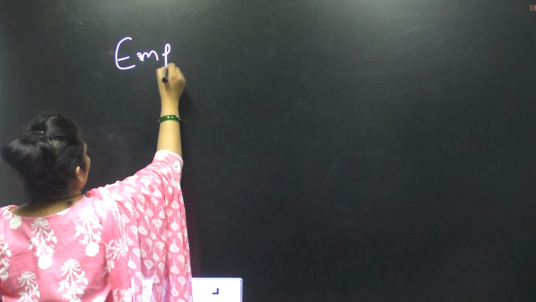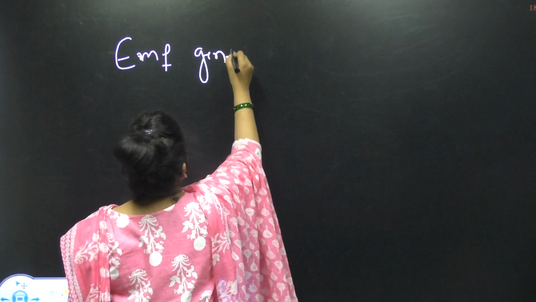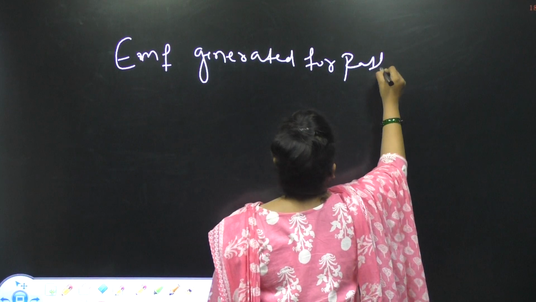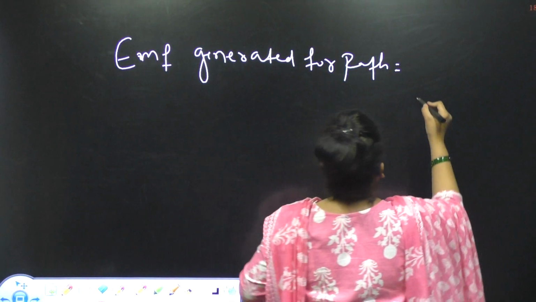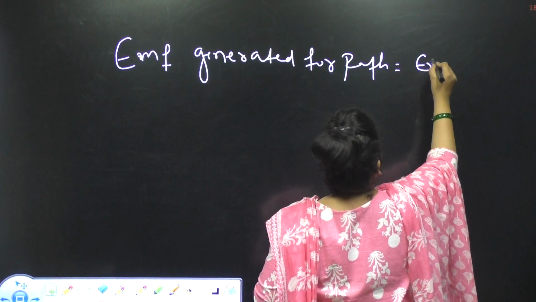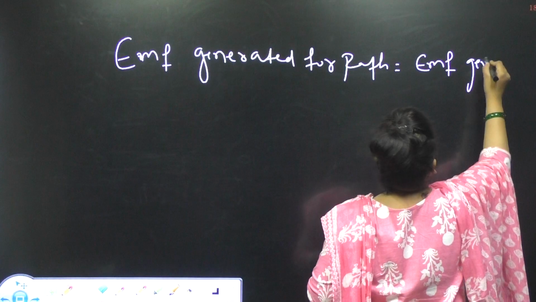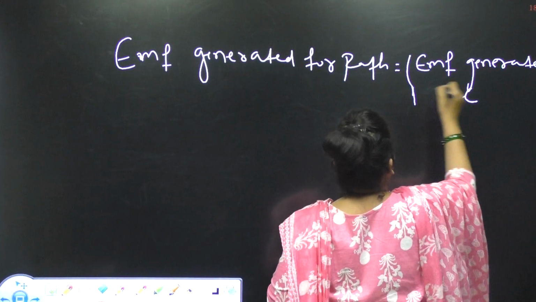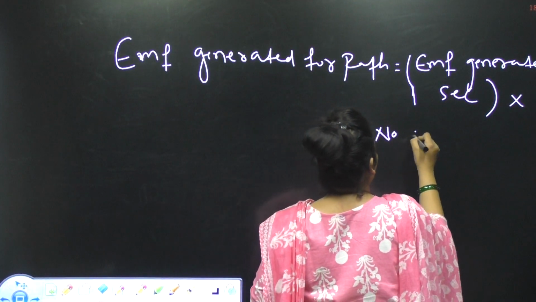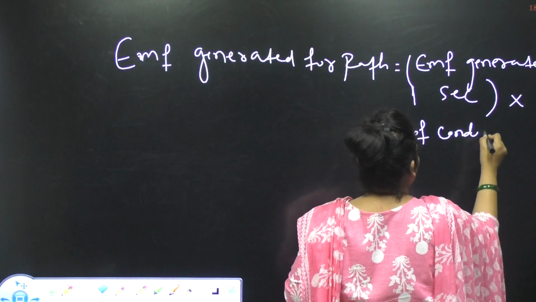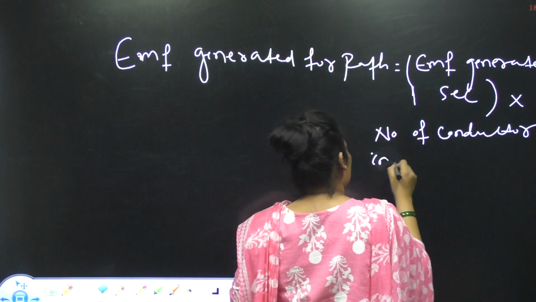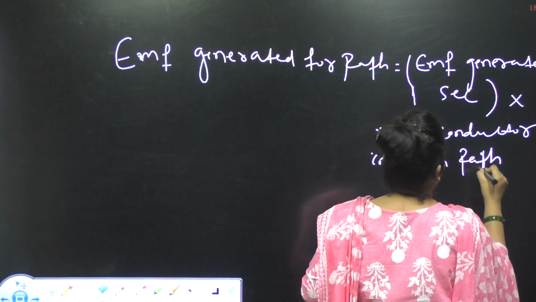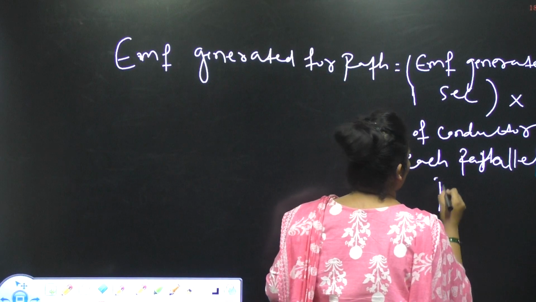Then EMF generated per path. We can write it like this: EMF generated in 1 second into number of conductors in a parallel path.